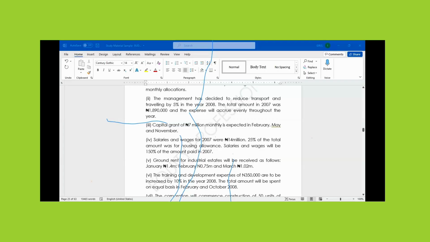Ground rent for industrial estates will be received as follows: January, 1.4 million naira, February, 0.75 million naira, and March, 1.02 million naira. The training and development expenses of 350,000 naira are to be increased by 10% in the year 2008. The total amount will be spent on equal basis in February and October 2008.